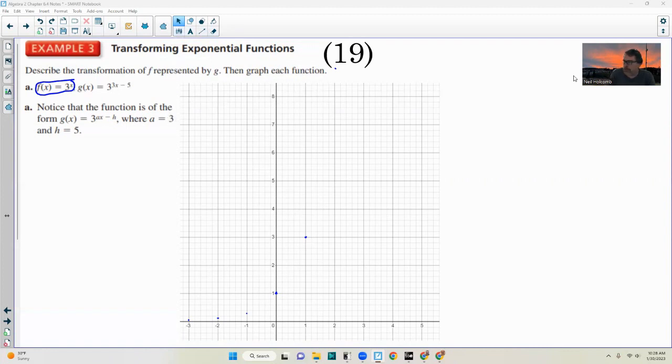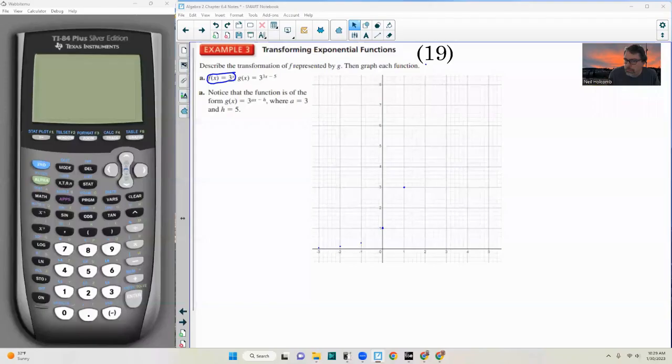Okay, so let's take a look. I'm going to use my calculator to do this, plugging in values. So it is 3 to the power of 3 times 0 minus 5, which would be 3 to the 0 minus 5, or 3 to the negative 5.